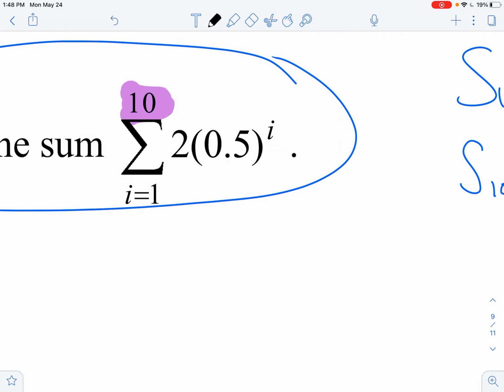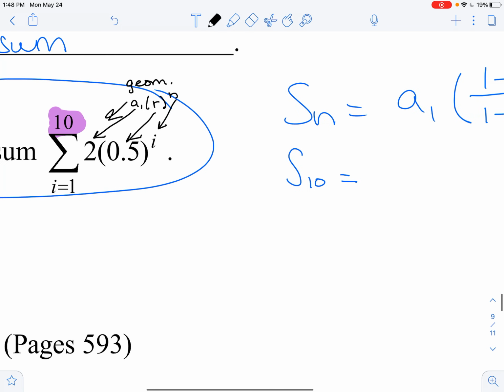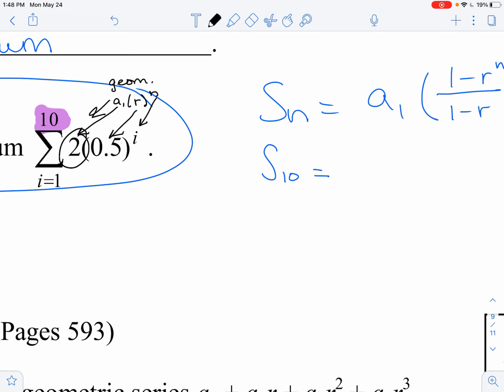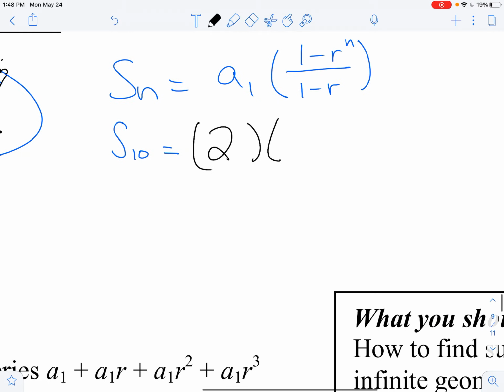I don't know what this looks like. Remember how this kind of looks like a geometric sequence, a sub 1 times r to the nth term. So this is our a sub 1, r, and there's our variable. So we know a sub 1 is 2. Our r is 0.5, so we're going to go 1 minus 0.5 to the n, which is 10, all over 1 minus 0.5.